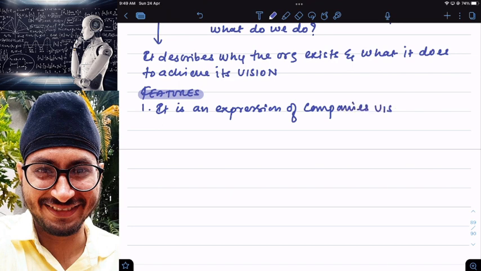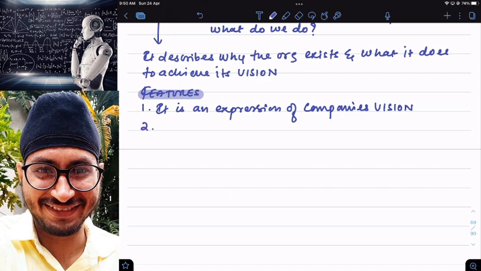Means if I don't have a mission, I will not be able to achieve my vision. If I am not clear what I am doing today, it will impact me in future. I repeat, what I am doing today will impact me in future. So if I don't do my work properly today, it is not only going to impact me today, that is my mission. It is also going to impact me in future, that is my vision.